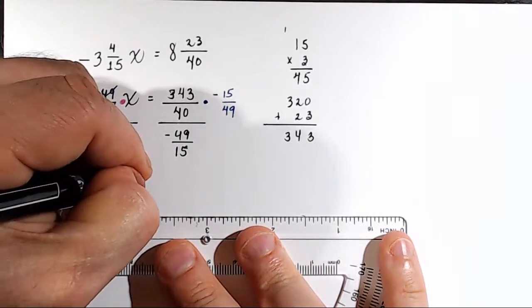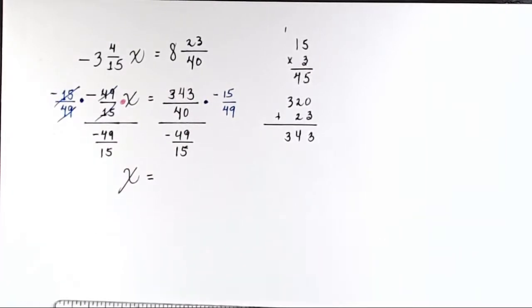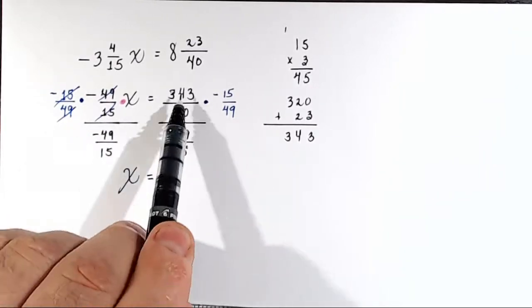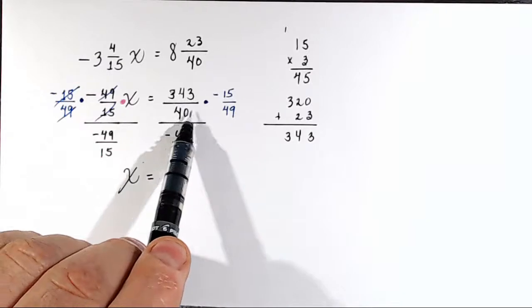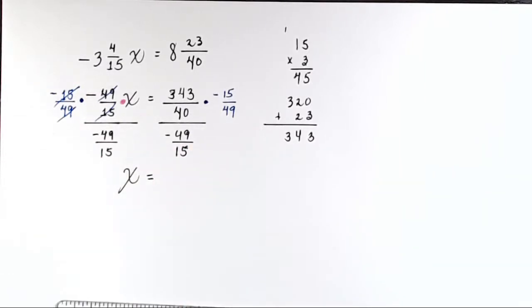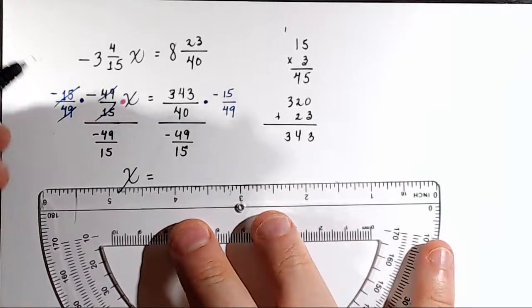X equals. And now we actually have to do some math. We have to multiply across the top and across the bottom. But we don't want to do that because that's a lot of work, right? So if possible, we want to simplify what we have to do. But first, let's write what we have to do.